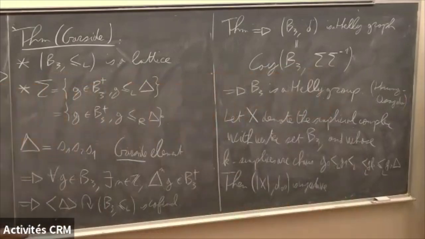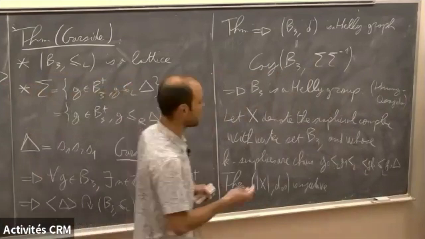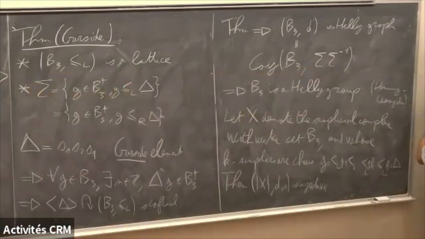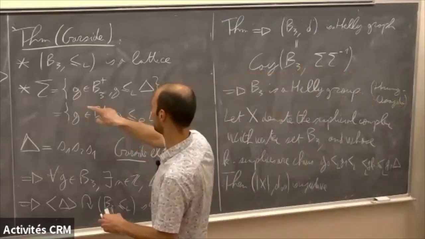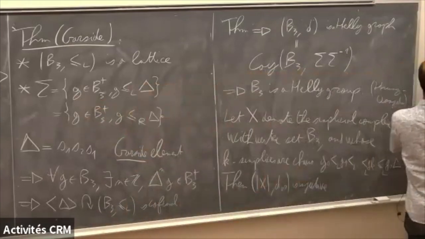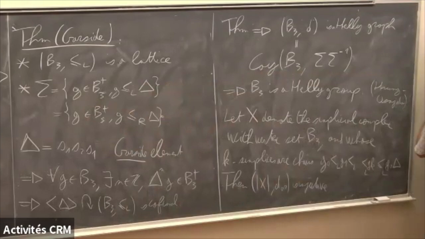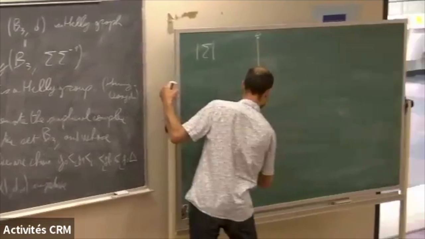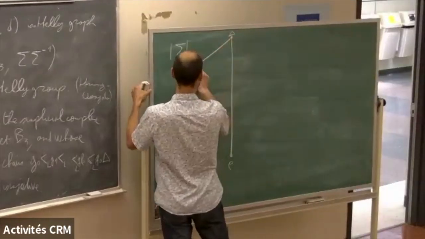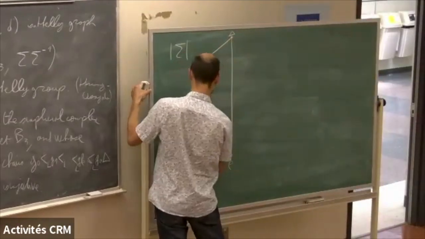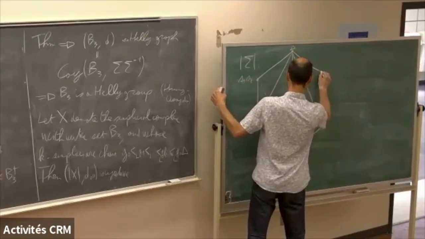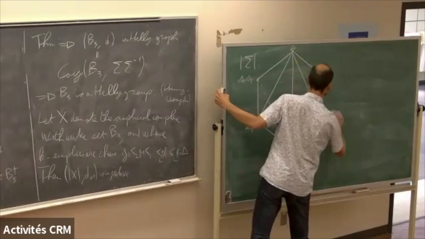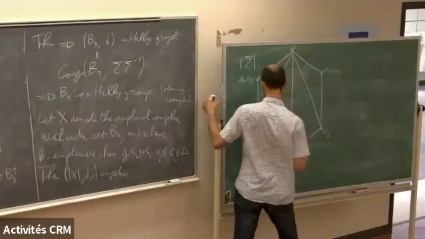So why are they interesting? I can try to draw a picture. If I just try to draw the geometric realization of sigma, what would it be? Here I have my delta, here the identity, and I have two chains, two ways of writing delta: S1, S1, S2, and here the other one is S2, S2, S1.